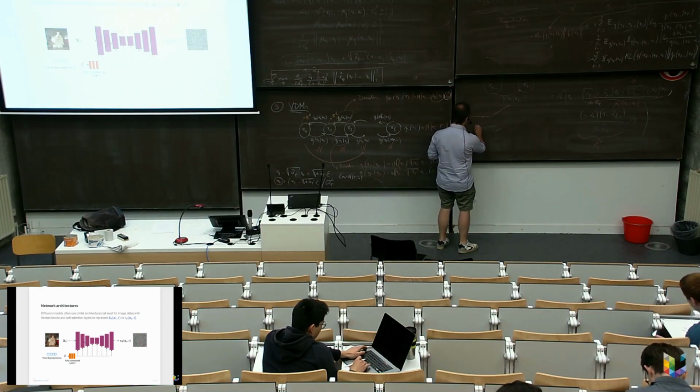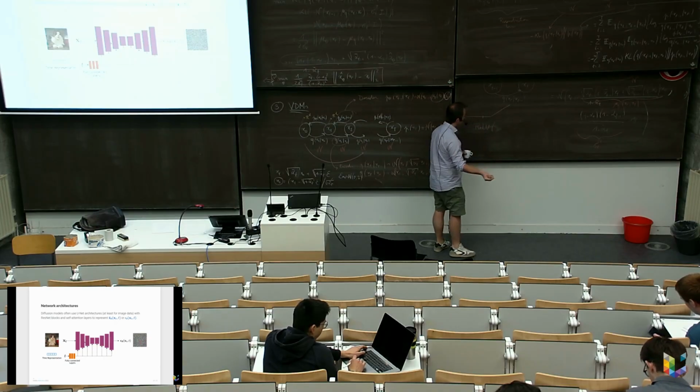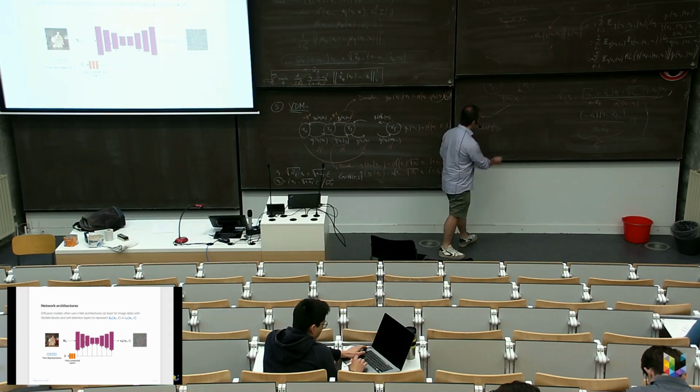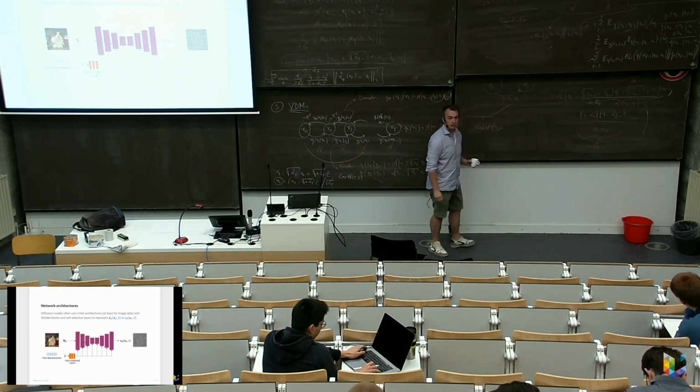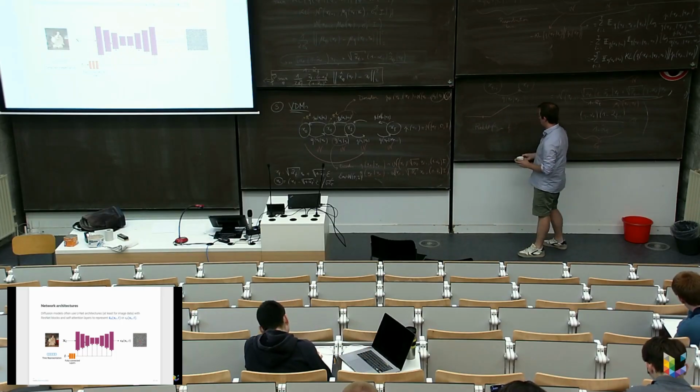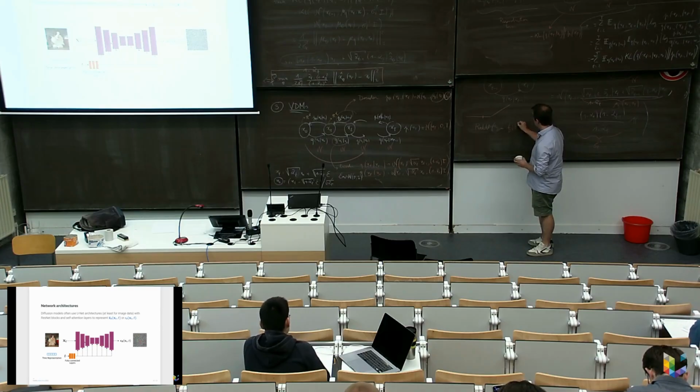So you would usually have ReLU of x, but you could say it's ReLU of x plus some bias, some offset. And this offset could be a function, a neural network, of the time step.